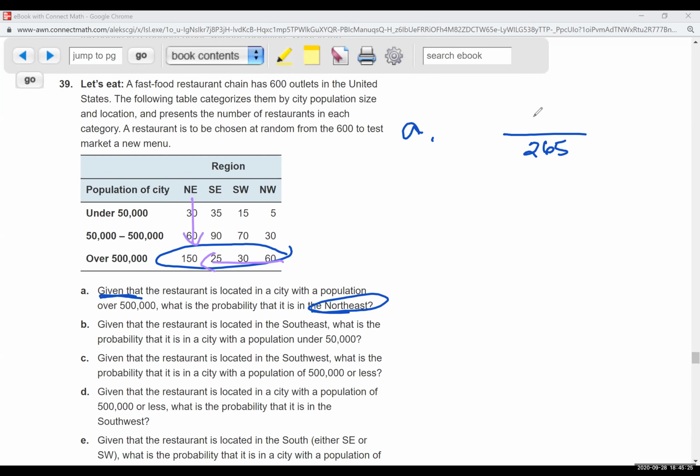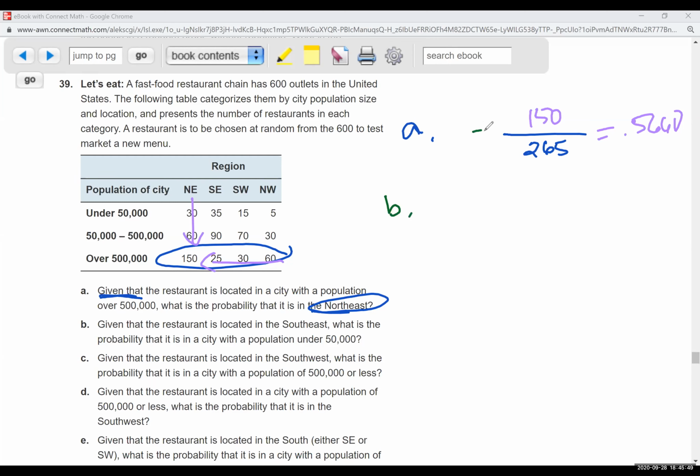So that's why 150 is your numerator. So 150 over 265 is 0.5660. Okay, very good.